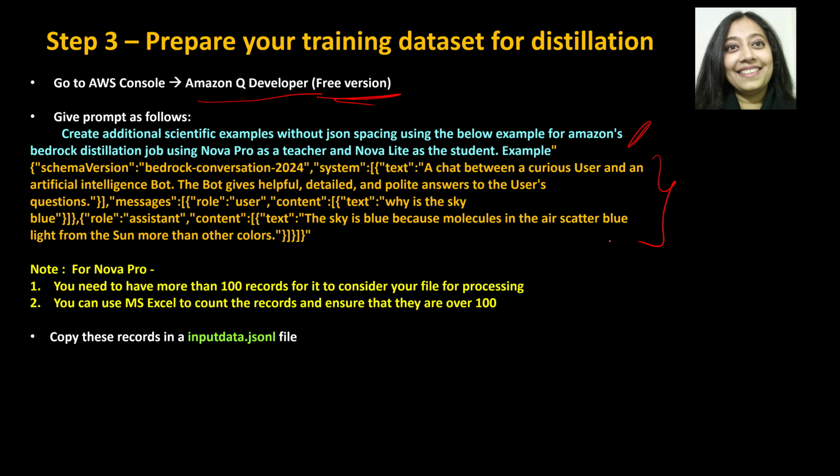The prompt that we are going to give is: create additional scientific examples without JSON spacing using the below example for Amazon Bedrock distillation job using Nova Pro. Remember, we are telling it which model is the teacher, and Nova Light as the student.